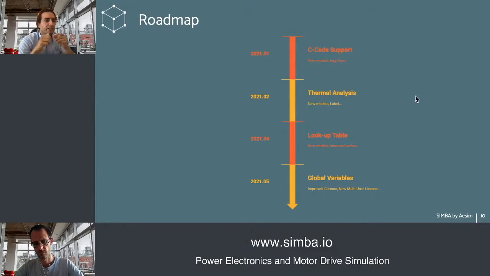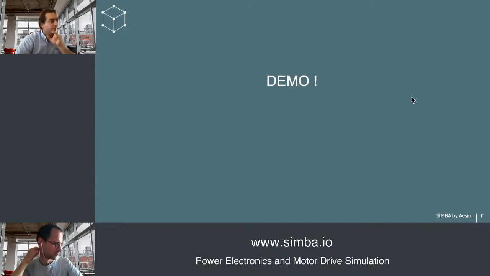So we have added C code support, thermal analysis, a lot of new models, including lookup tables. We added global variables. We improved the cursors. And those are just the main new features. We have added a lot of other things as well.